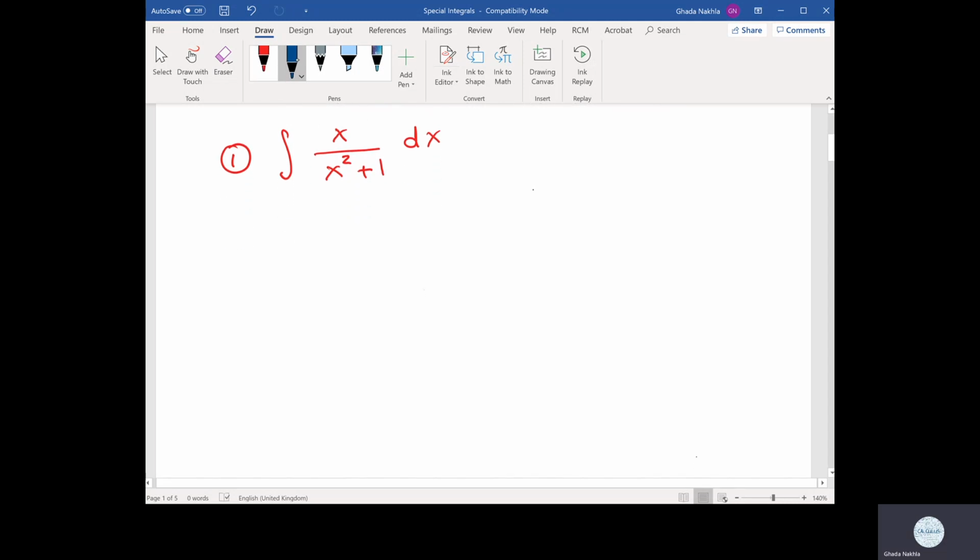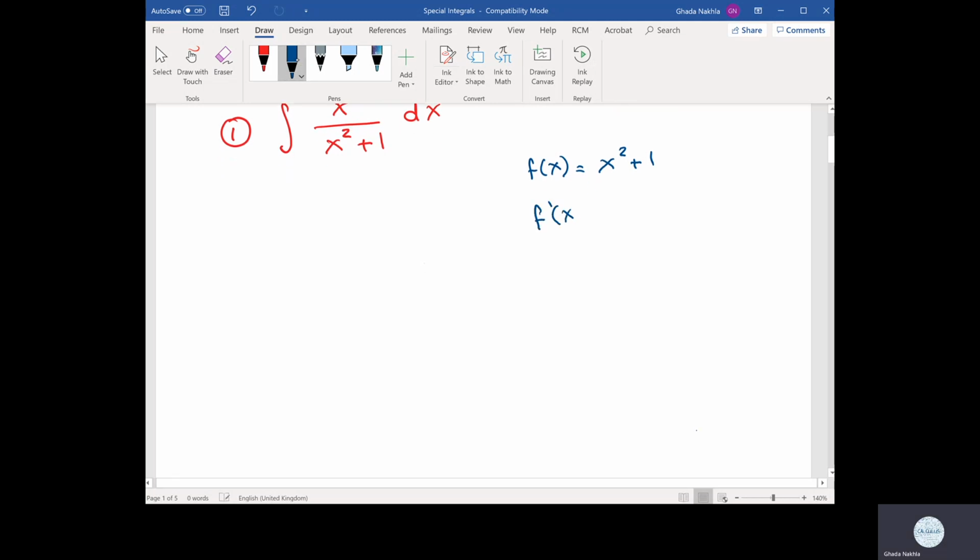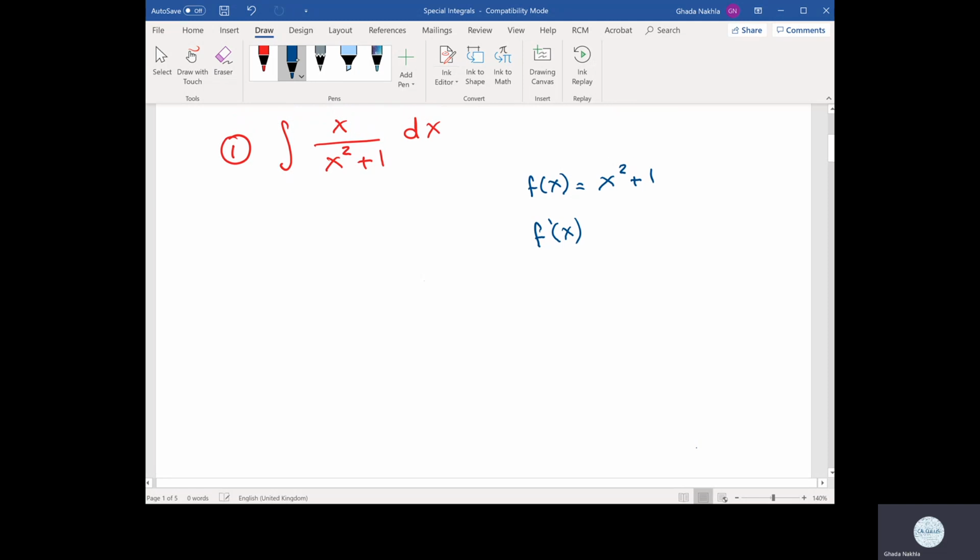Now let's take a look at f of x, which is the denominator, and the denominator is x squared plus 1. Let's differentiate and find f prime of x or f dash of x. If I differentiate x squared, I get 2x. If I differentiate plus 1, I get a 0. So the derivative of the denominator is 2x.